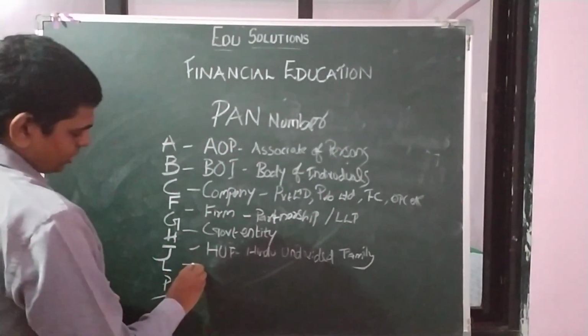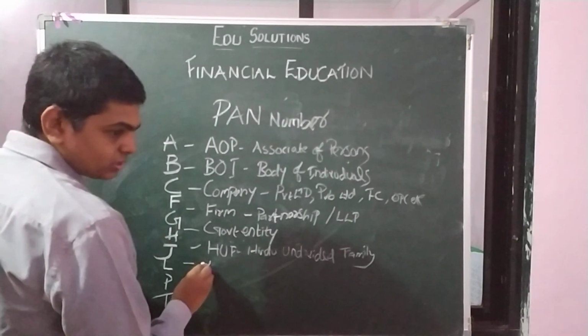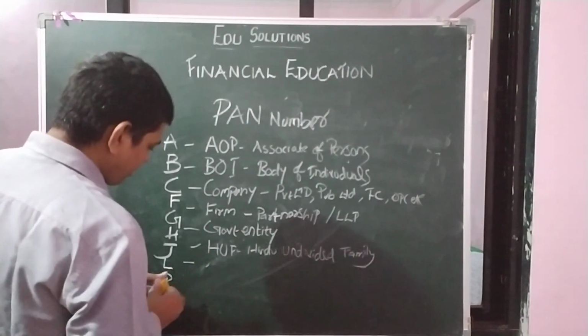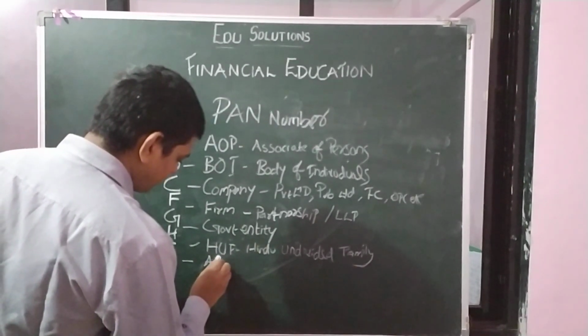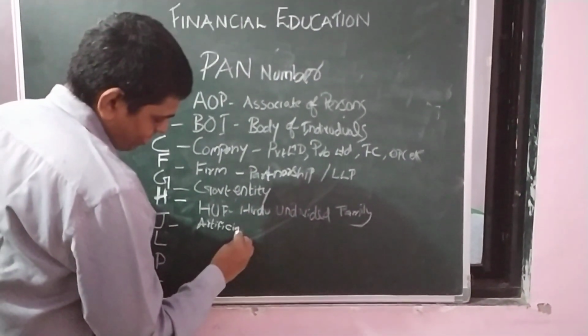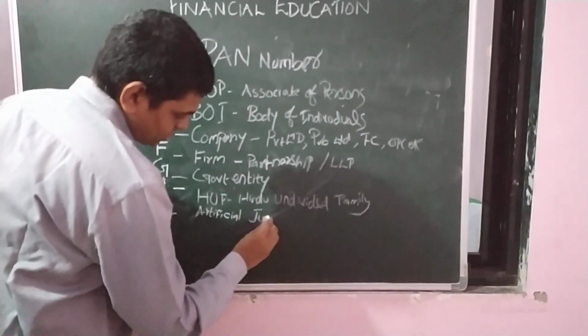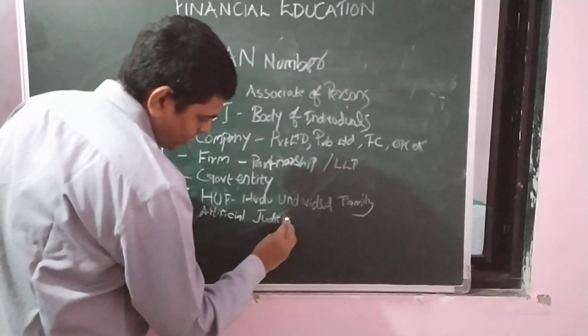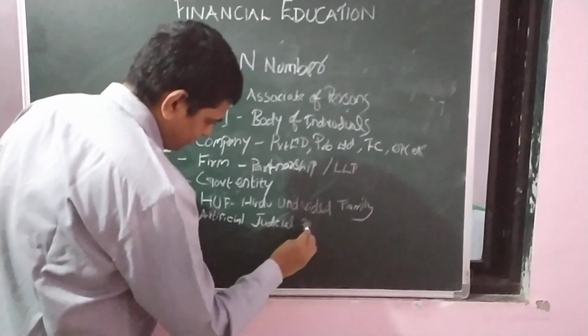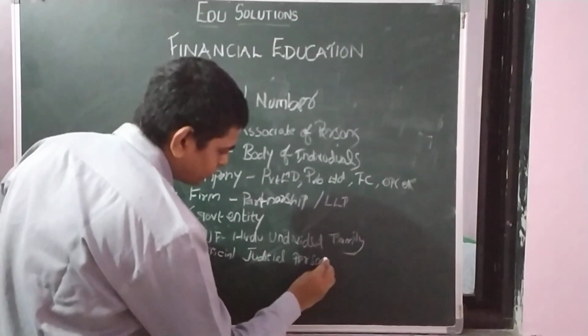Then comes J. J is artificial judicial person.